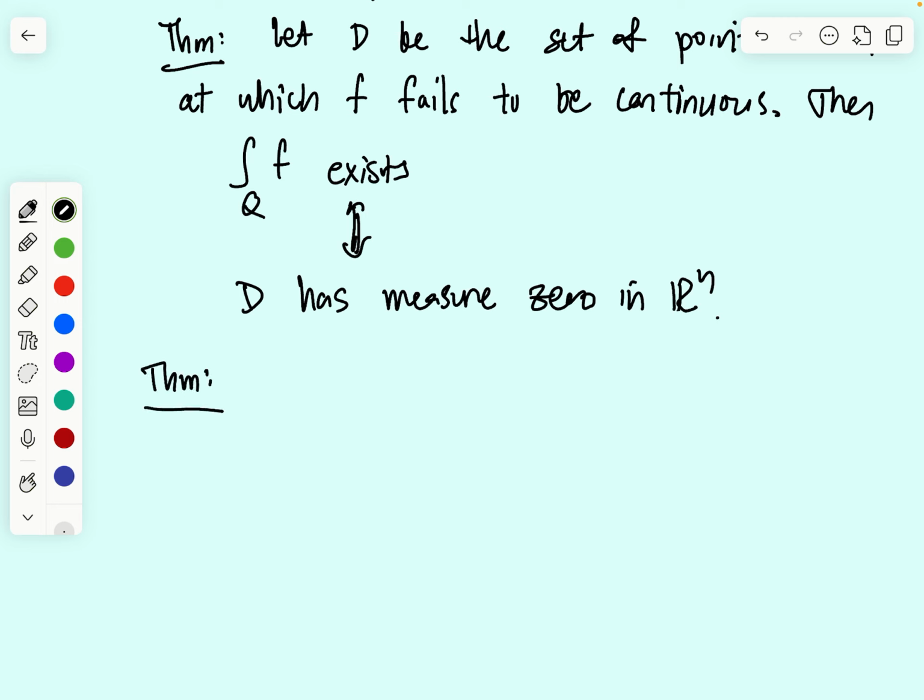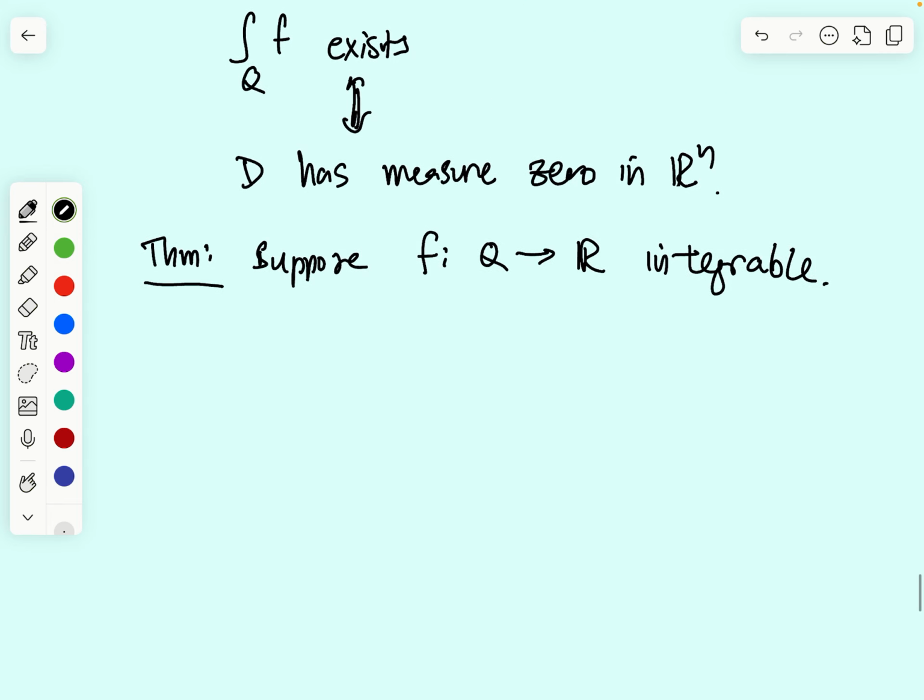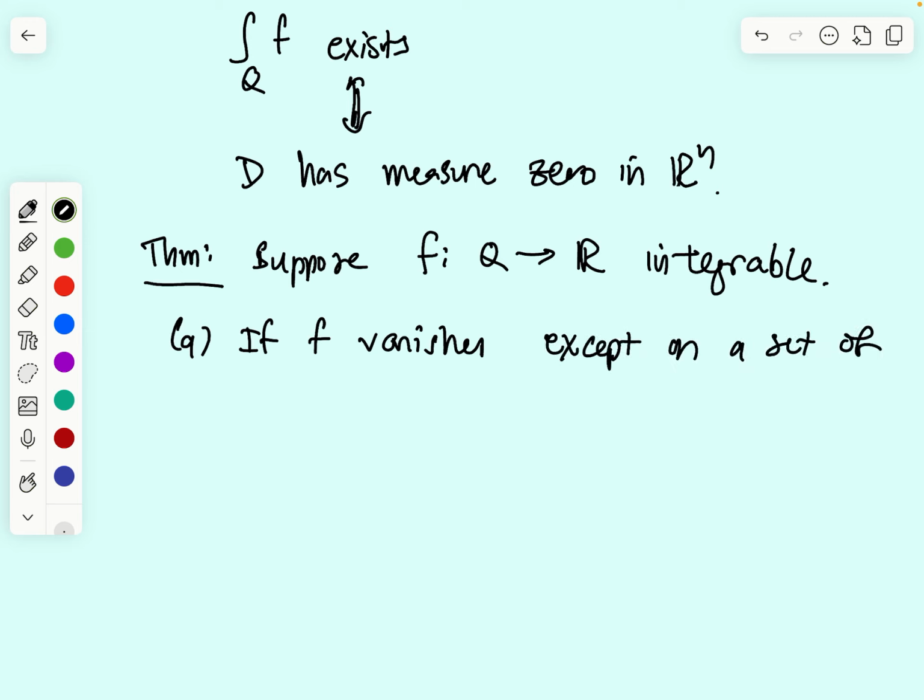And then I'll end this video with another theorem. Suppose that you have an integrable function f. If f vanishes except on a set of measure 0, then the integral of f over Q is 0.